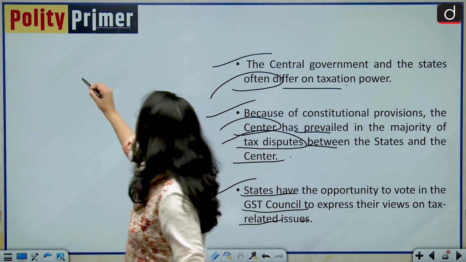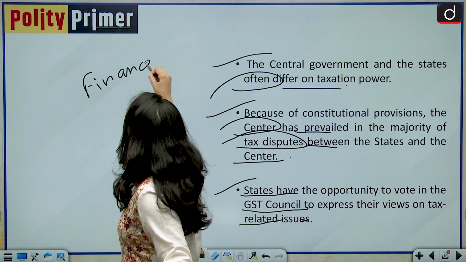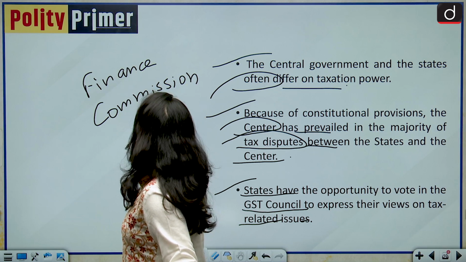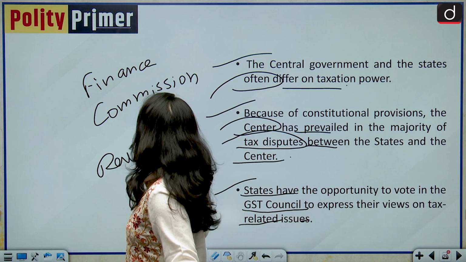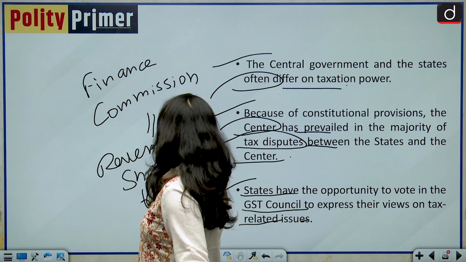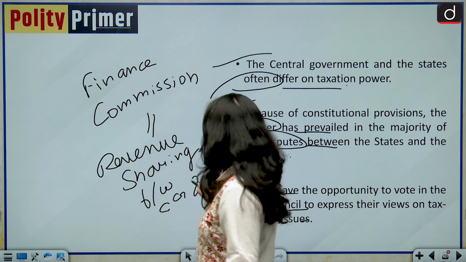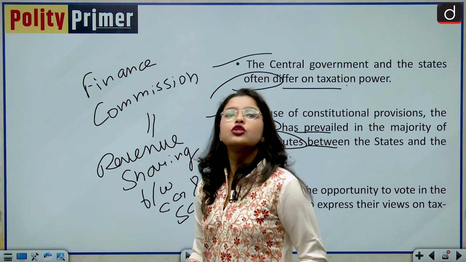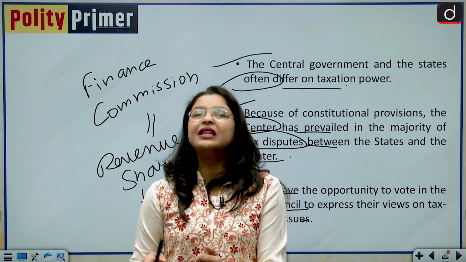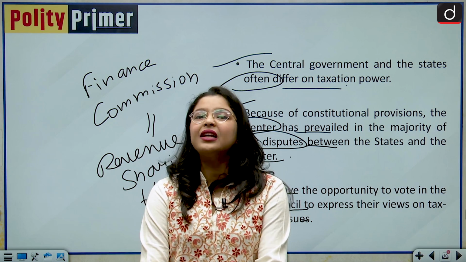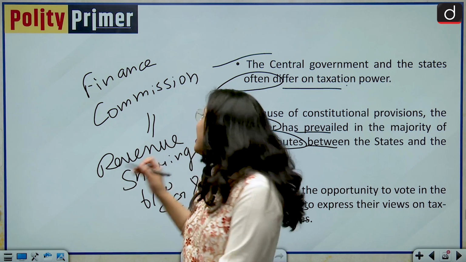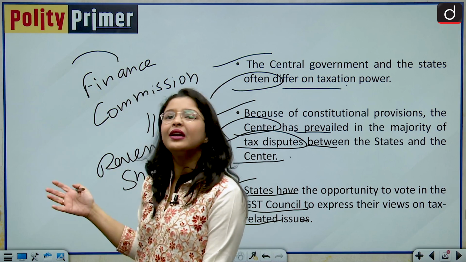For example, the Finance Commission decides the revenue sharing between central government and state government. So it is the Finance Commission who has the authority to decide the revenue sharing between the central government and state government, and that is why you will see there is a dichotomy of powers between the GST Council and the Finance Commission, and all of this is by virtue of our Indian Constitution.